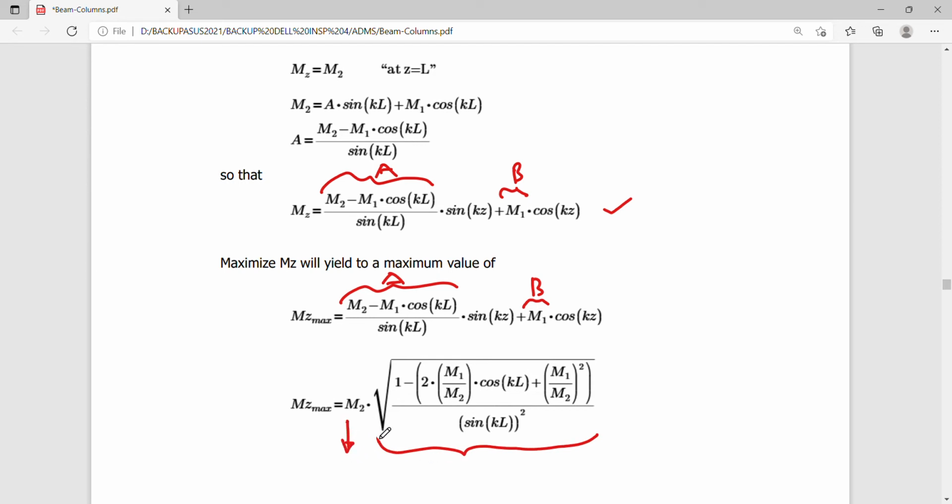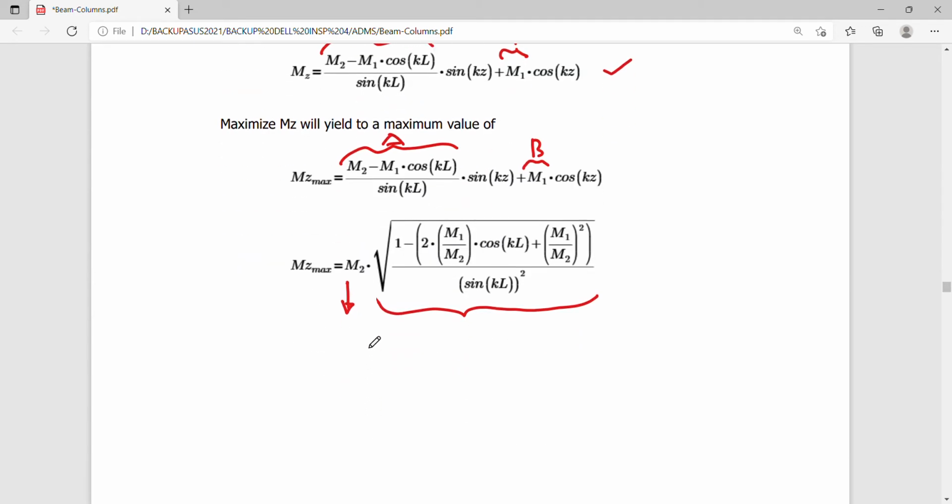So why did we use M2 here? We can also solve this by looking into the M1, no? But since we are interested with the maximum moment and M2 is always greater than M1, then the value you are going to use as your reference moment here must be the bigger moment, okay?